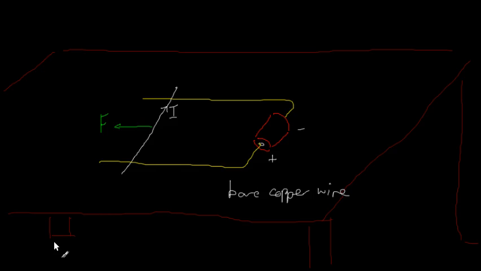If I put the north pole here, then it would produce a magnetic field in the same direction as the current, parallel to the current. And what would happen to the force? That's a bit tricky to determine, but if the magnetic field is in the same direction as the current, then actually there would be no force. There would be no force.